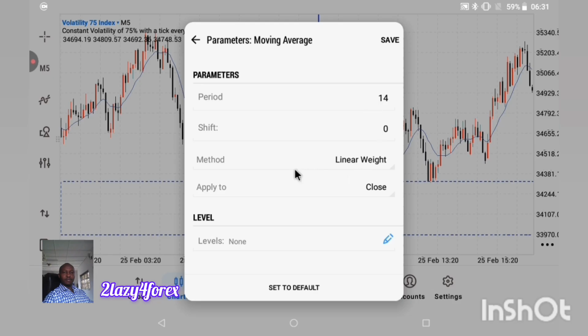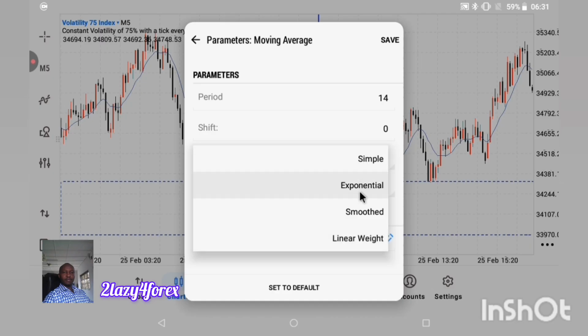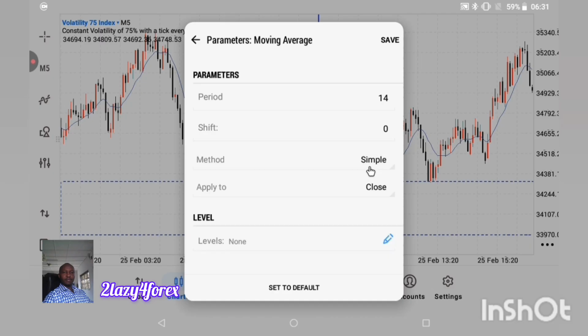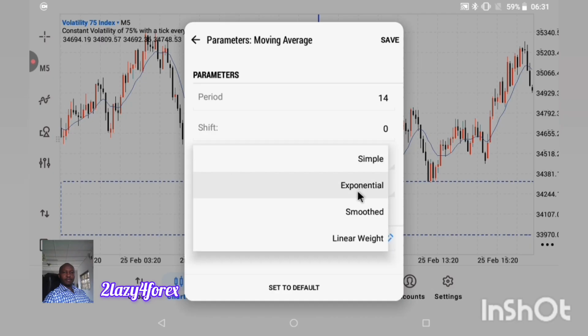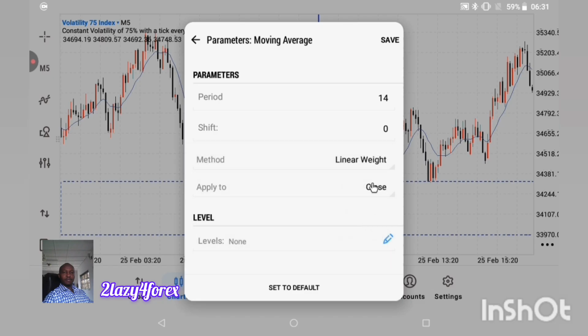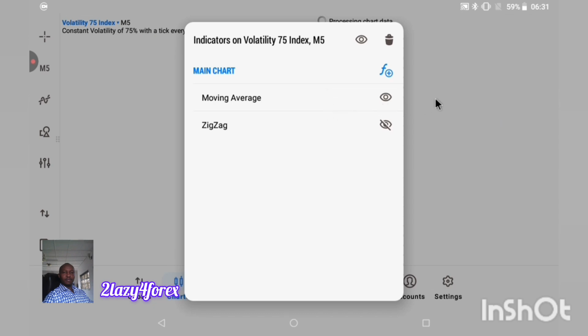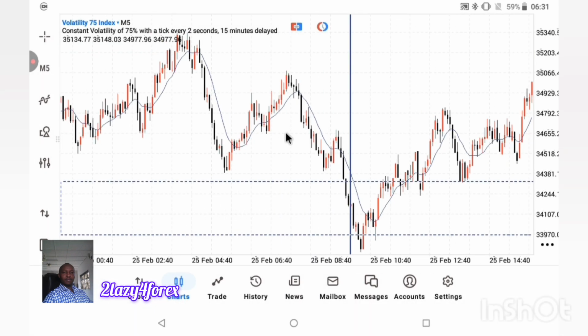You can pause the video or take a screenshot of it. It could be linear, it could be simple, but I prefer linear. So 14 linear with close, that's all.